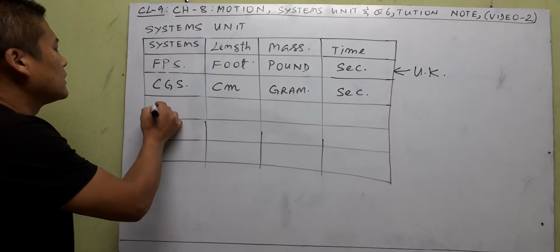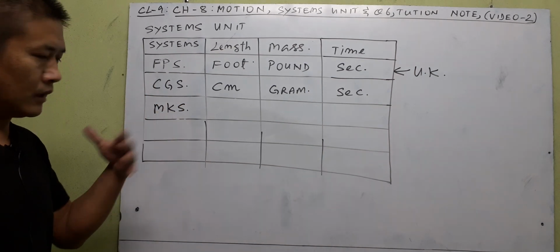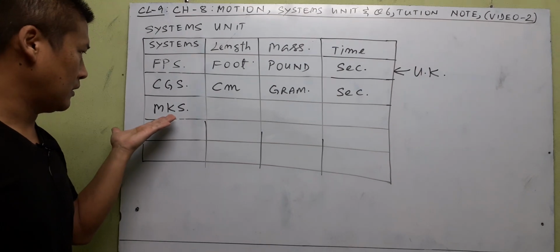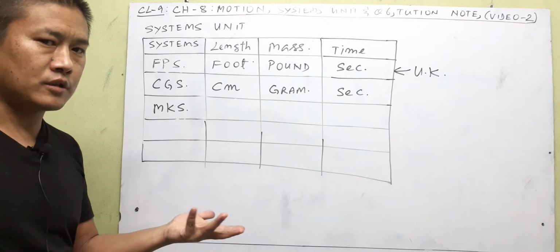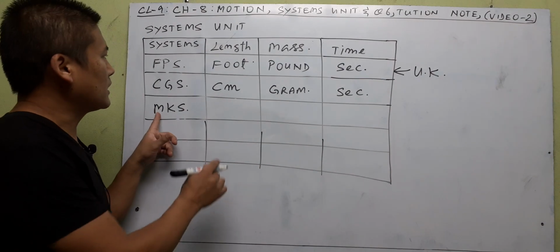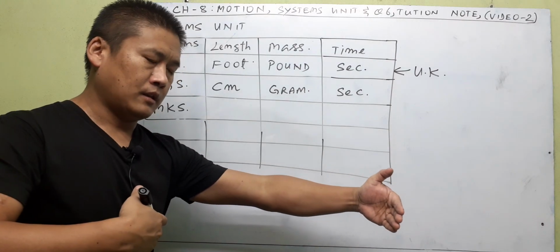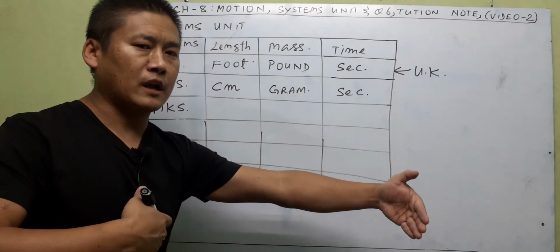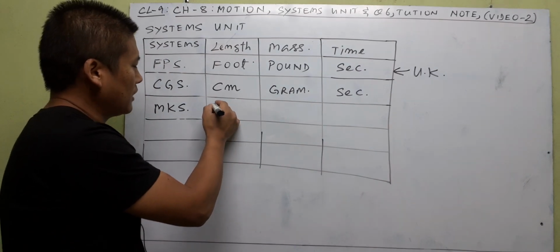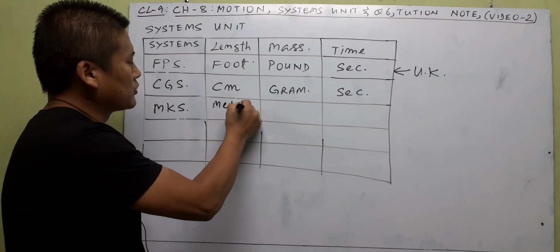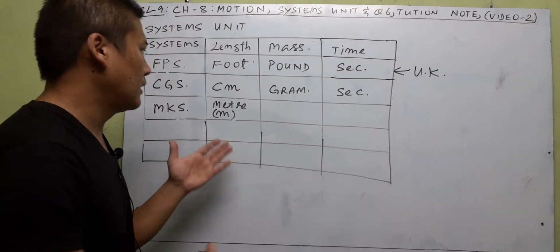Then there was another system of units called the MKS system. For example, suppose you want to measure the length of the veranda that I'm going to build, how long my veranda should be when I build my house. I'm going to use meter, the abbreviated small m, for a 5 meter veranda.